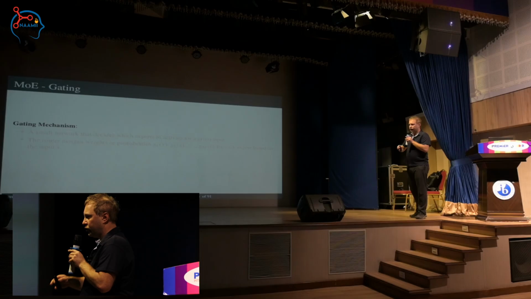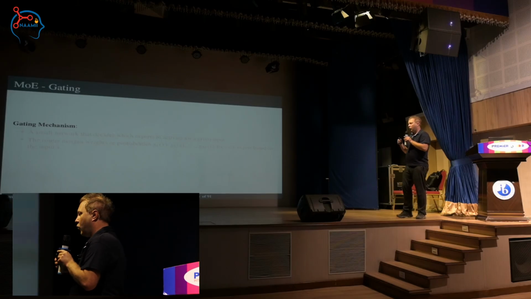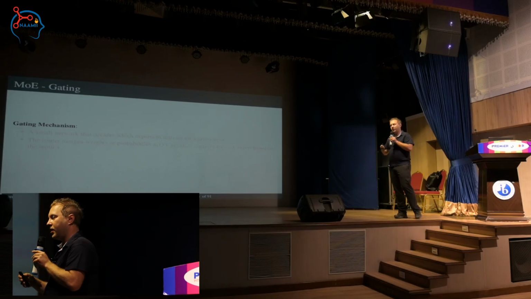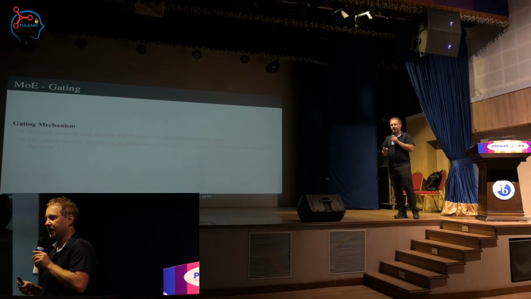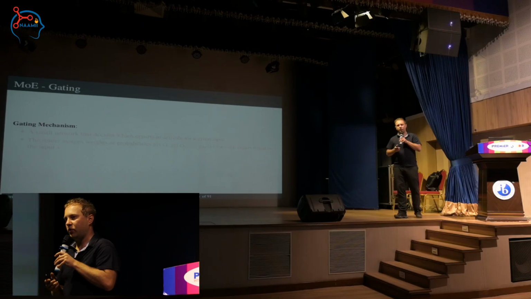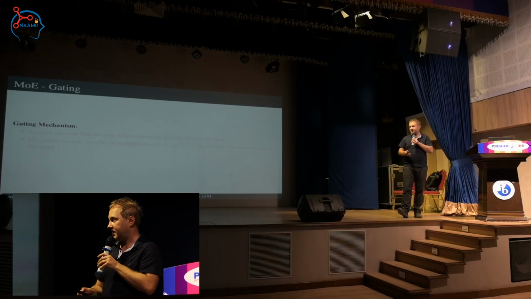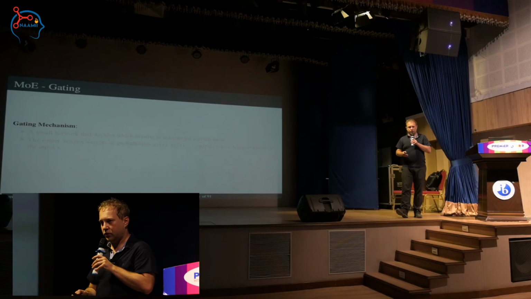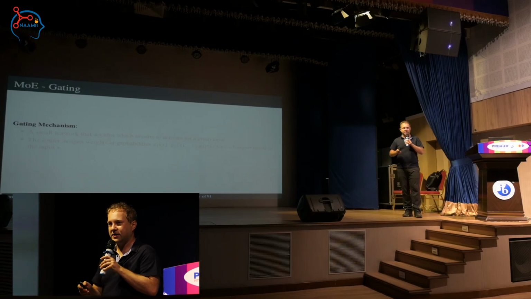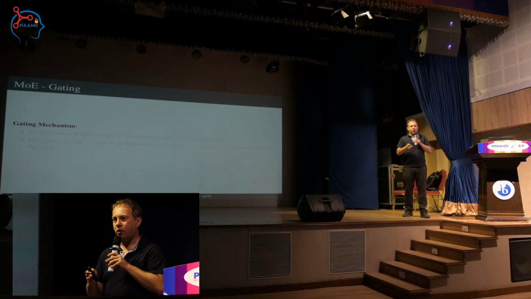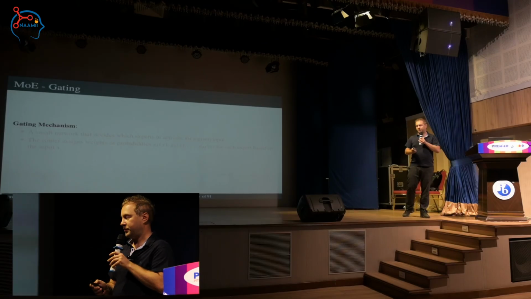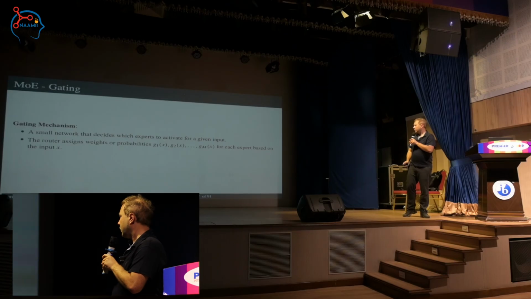So how do we choose which experts to use, or how do we weigh those experts? This is the second element in the MoE architecture, which is gating. As I mentioned earlier, gating is a small network that helps us appropriately choose the experts.